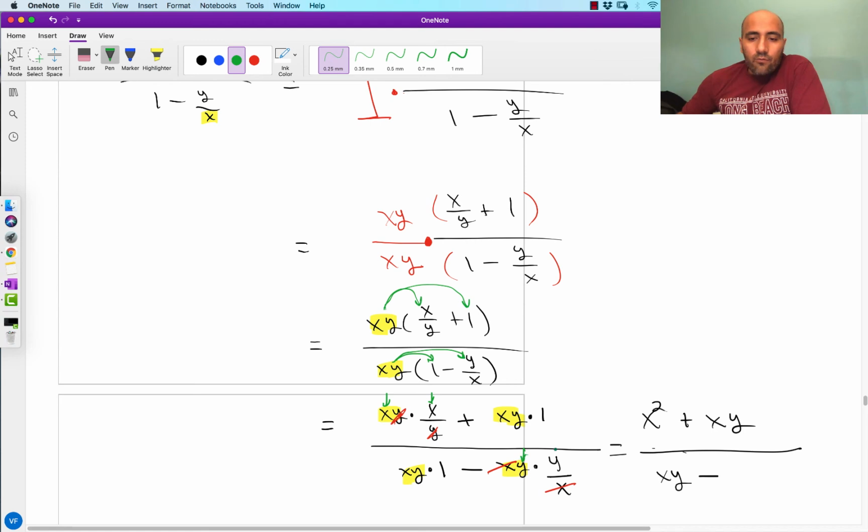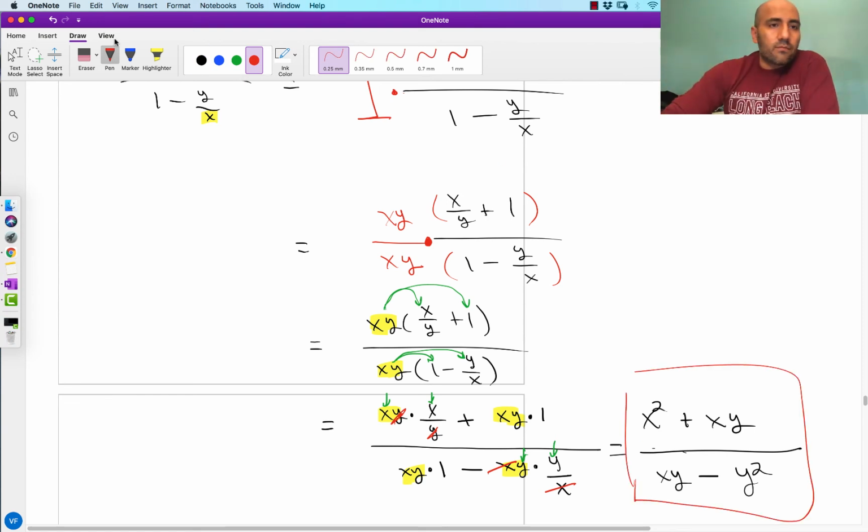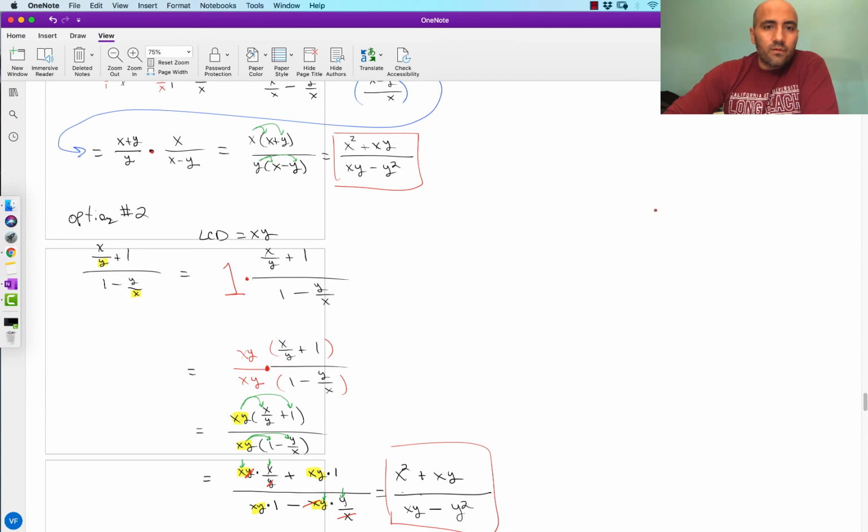Those two multiply to give me y squared. And there's our answer. And it's the same answer we got before, hopefully. So x squared plus xy over xy minus y squared. Okay, same answer as before.